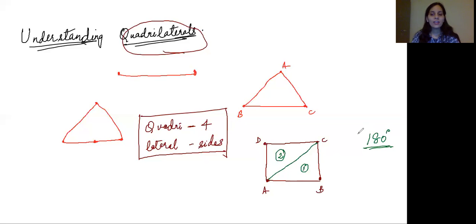So each triangle measures 180, and two triangles measure 2 into 180, which is equal to 360 degrees, correct? So basically, the angle sum property of any four-sided figure is 360. Now, we will see it in more detail, like why it is 360, correct?